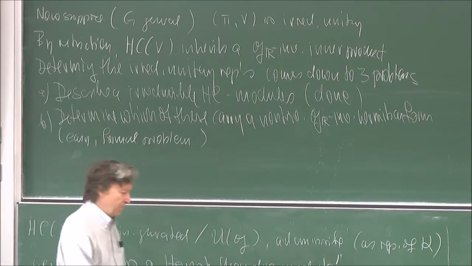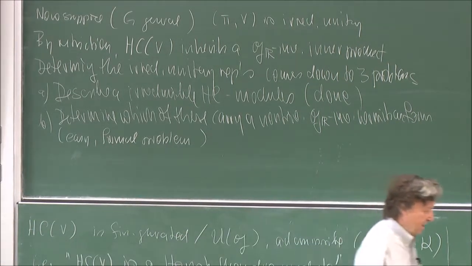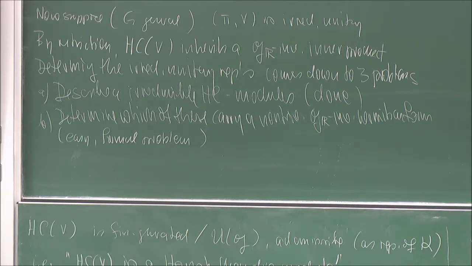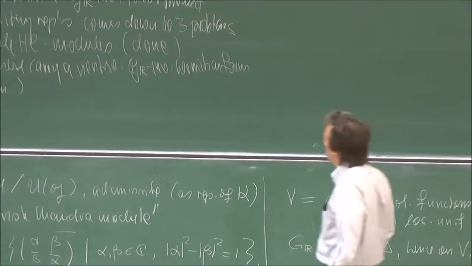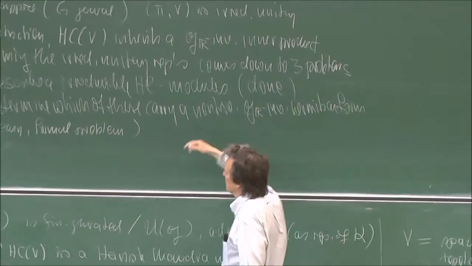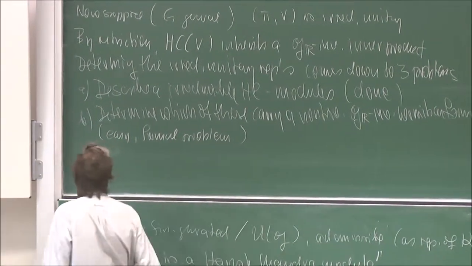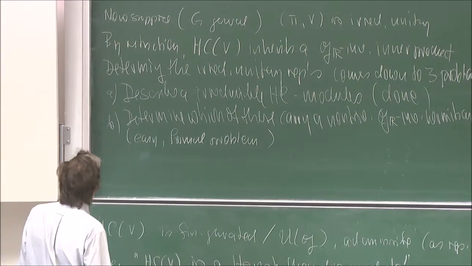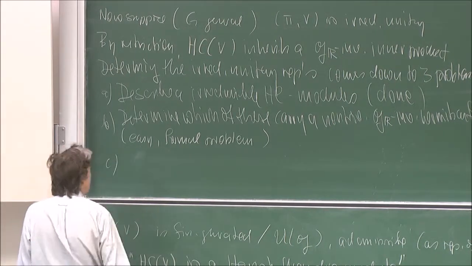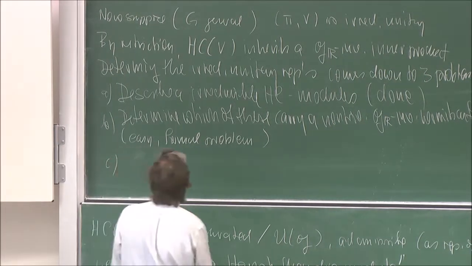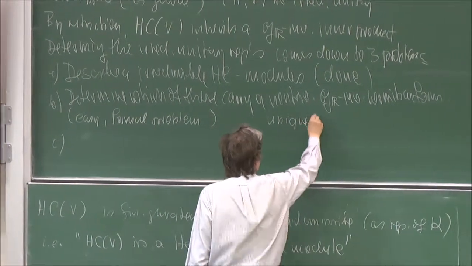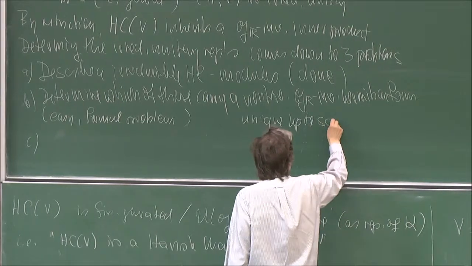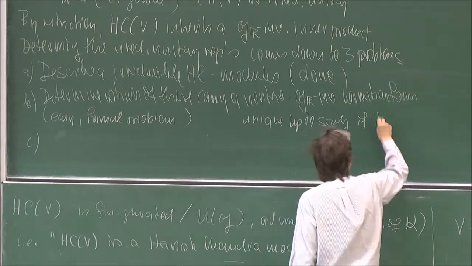To have a Hermitian form really means that the representation is isomorphic to its conjugate dual. And you just translate into what that means in terms of the solution of the first problem. So this is really a formal step, and there is nothing particularly difficult about it. But I should say that this is unique up to scaling, if it exists.